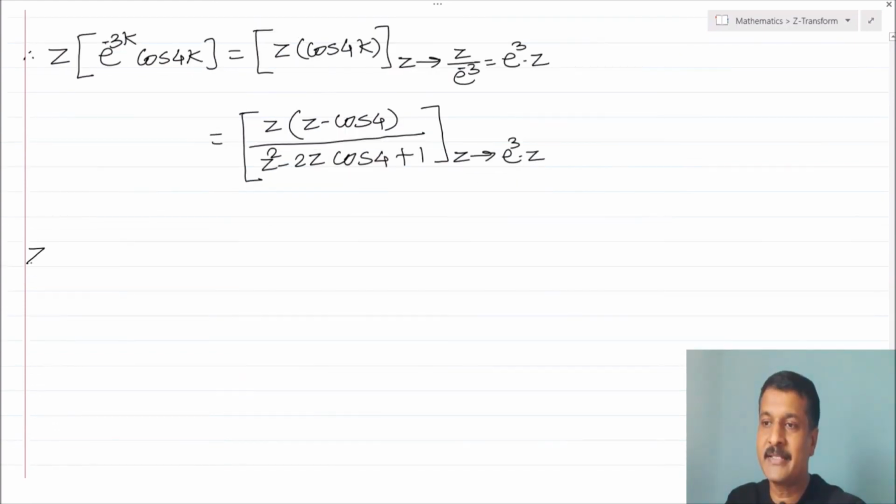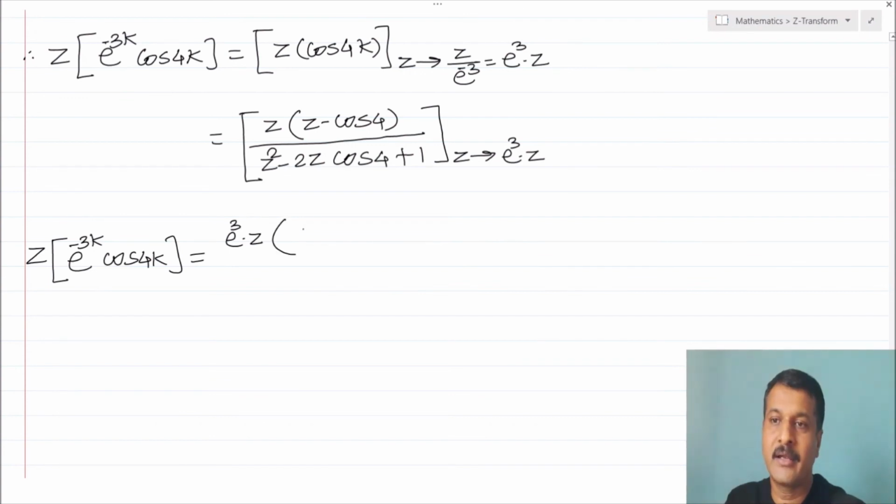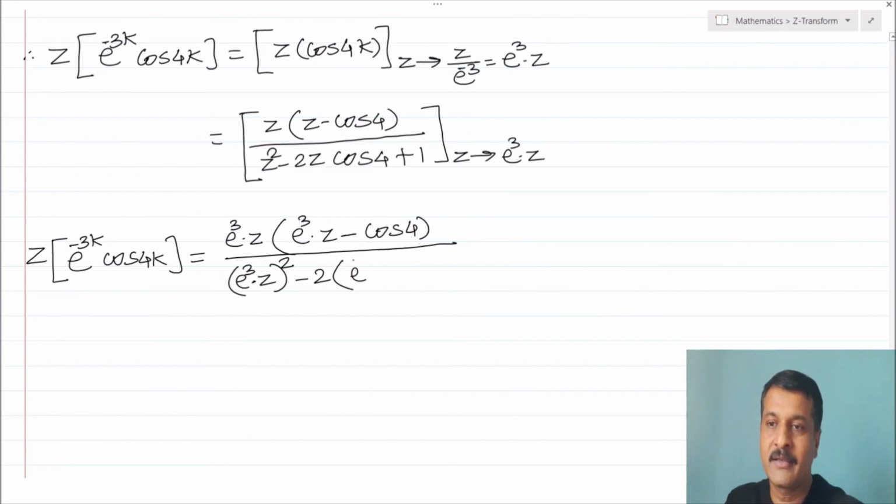So I am getting z transform of e raised to minus 3k into cos 4k equal to e raised to 3 into z, means what? e raised to 3 into z minus cos 4 whole divided by z square means e raised to 3 into z whole square minus 2z means what? e raised to 3 into z into cos 4 plus 1.